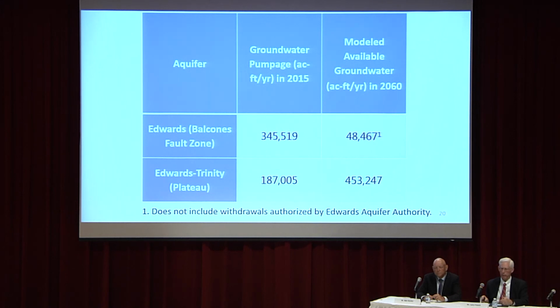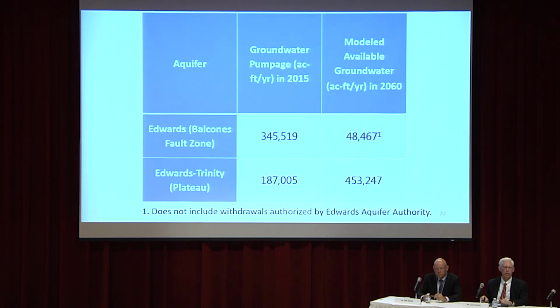Model available groundwater, I'm just going to mention briefly, many of you are familiar with the concept. It's a result from a policy decision from desired future conditions. I've included the number for the Balcones Fault Zone. It was a much smaller number, and you'll first look at the comparison of pumpage versus the model available groundwater, which is a policy-based number. You'll say, well, there's a big difference there.